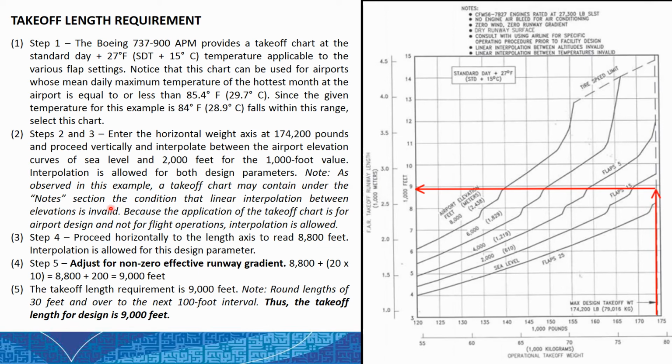Actually, linear interpolation between elevations is normally invalid for flight operations, but because the application of the takeoff chart is for airport design and not for flight operations, the interpolation is allowed. Then after we get the interpolation, we proceed horizontally to the length axis.